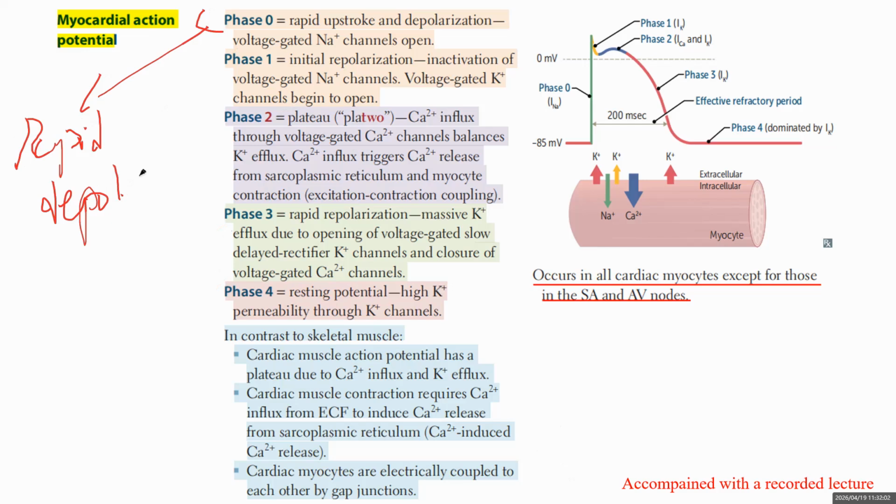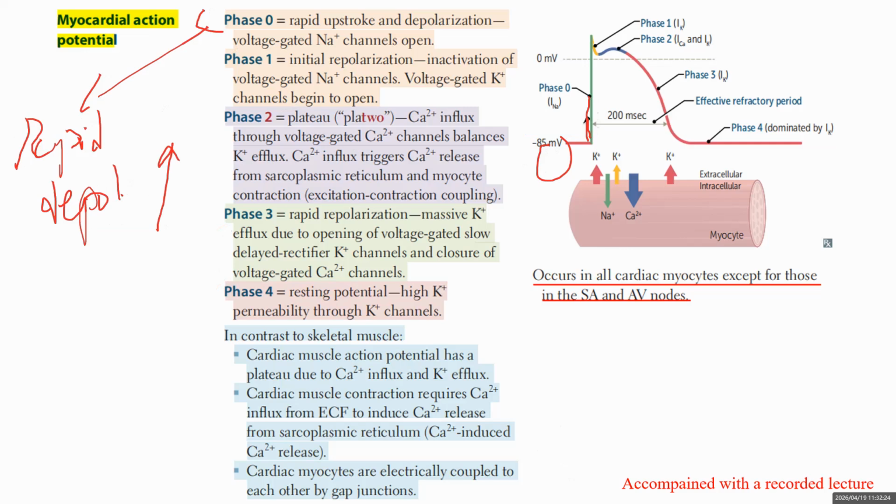This is the phase where the membrane potential rises very sharply from minus 85 millivolts, and we can simply say that this is the rapid depolarization state.